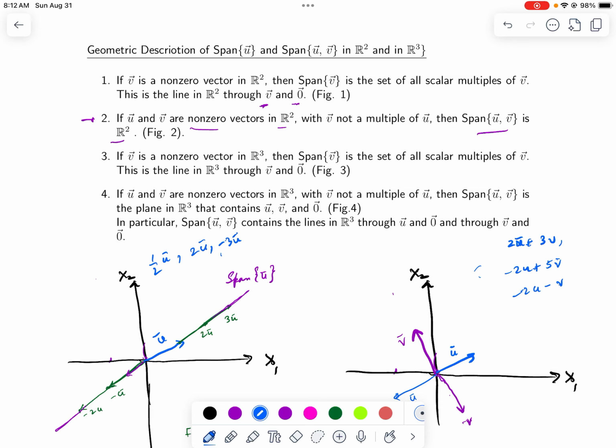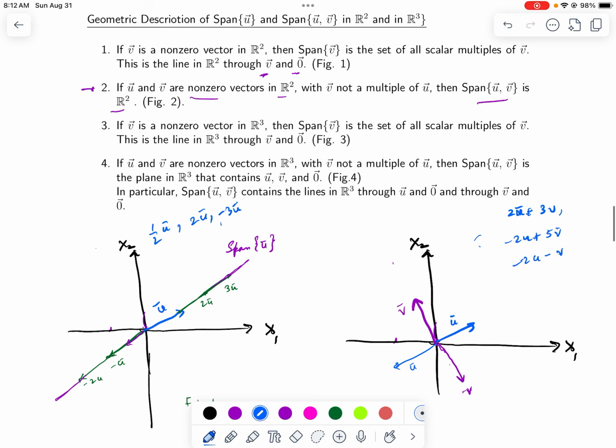Okay. So we already saw that the span of one vector will be the whole line, this line, and the span of the vector v will be just this line. Now what about the span of both vectors?